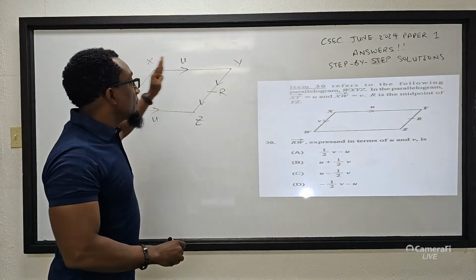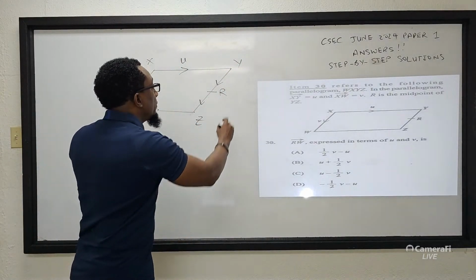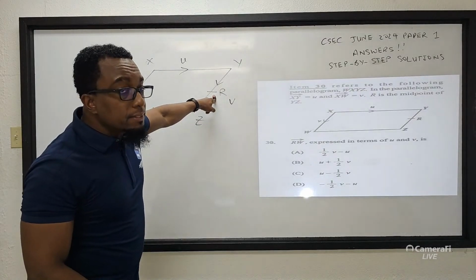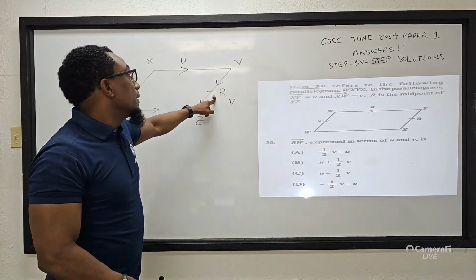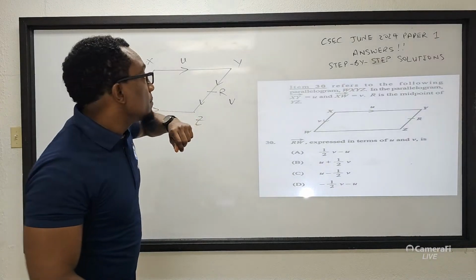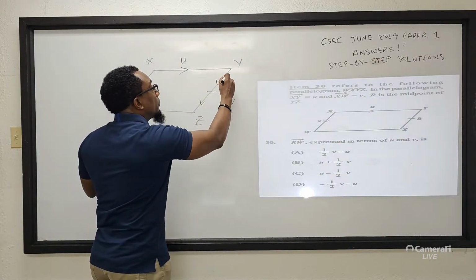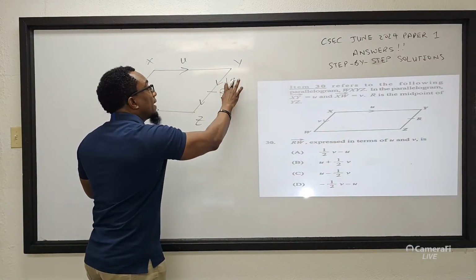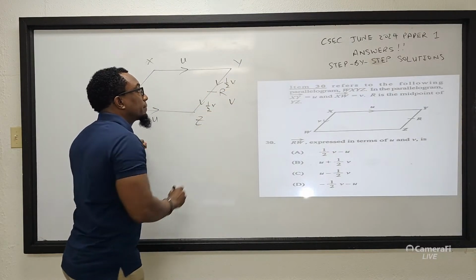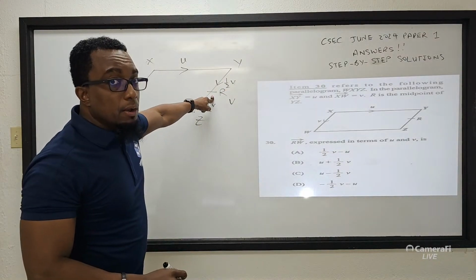The magnitude of this vector YZ will also be V, but because R is the midpoint, it means that this vector V will also be divided in half. So it means that vector YR will be a half V and vector RZ is also a half V. R being the midpoint will allow that to happen.